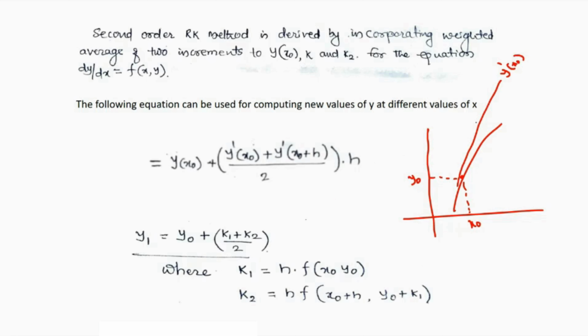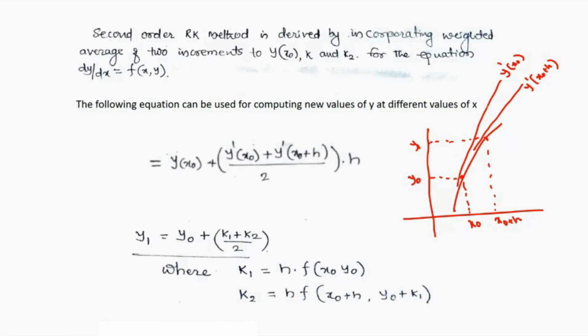Then we find the second point, x naught plus h, the second interval, and the corresponding y, which we will call y1. The tangent at this point is y dash of x naught plus h. This is the graphical representation.